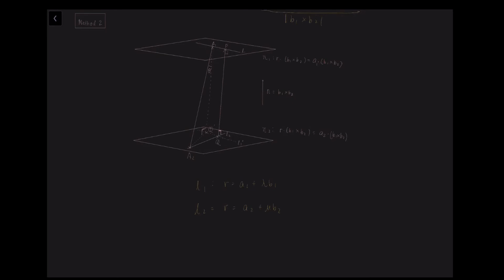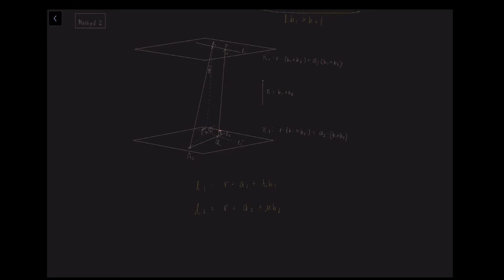So consider this diagram. The shortest distance between the skew lines L1 and L2 is the same as the shortest distance between the planes pi1 and pi2, containing the lines L1 and L2 respectively. This is because it is possible to find the point P on line L1 and the point Q on line L2 so that PQ is parallel to B1 cross B2.